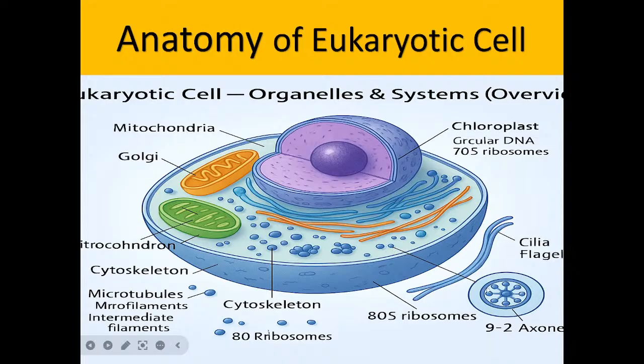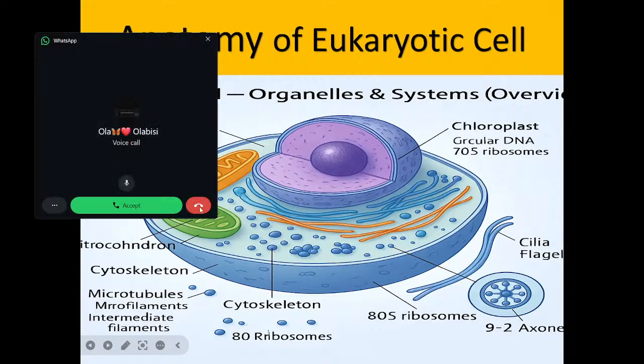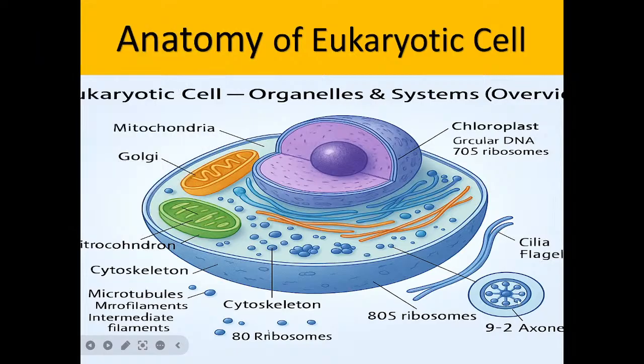You can even see what they have here, like a ribosome. So instead of having 70S, eukaryotic cells have 80S ribosomes. That is one of the differences between eukaryotic and prokaryotic.